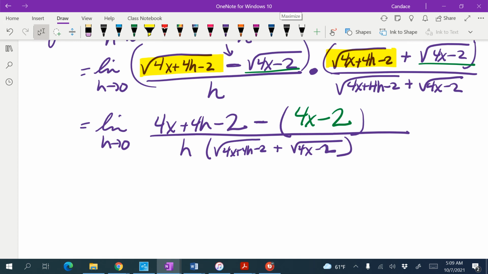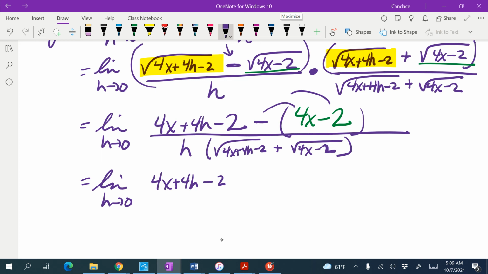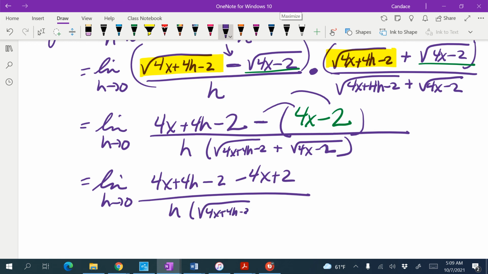All right, so now I'm going to distribute this in. So we have the limit as h approaches 0 of 4x plus 4h minus 2 minus 4x plus 2 over h times the square root of 4x plus 4h minus 2 plus the square root of 4x minus 2.